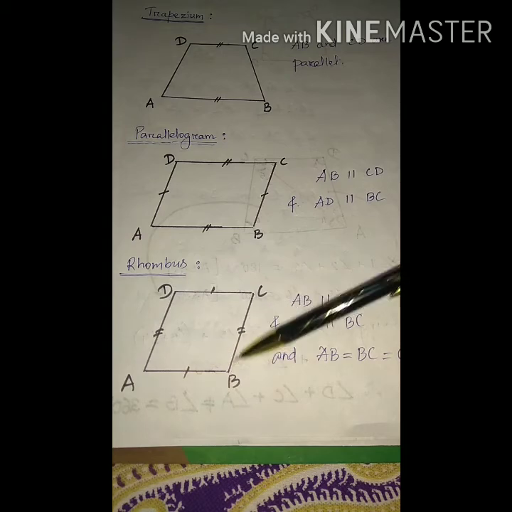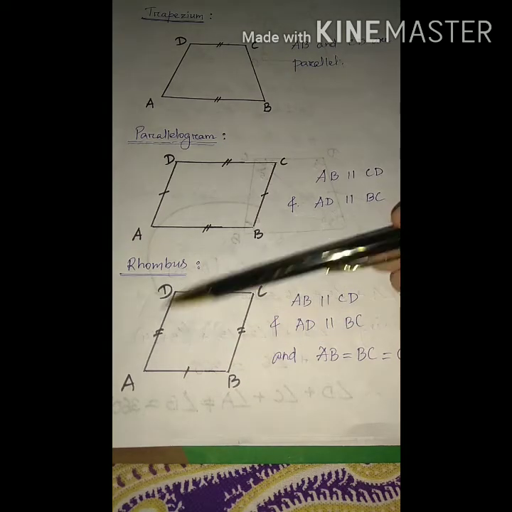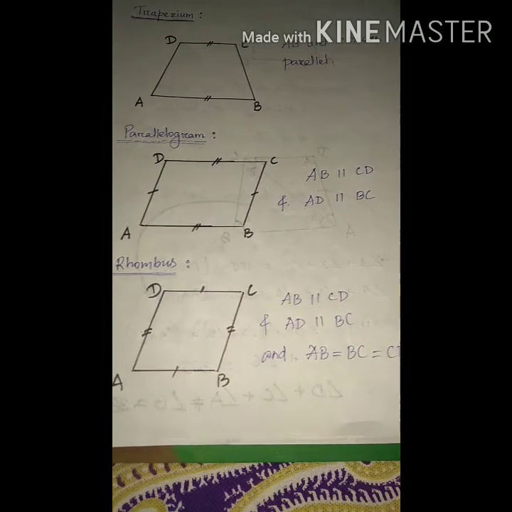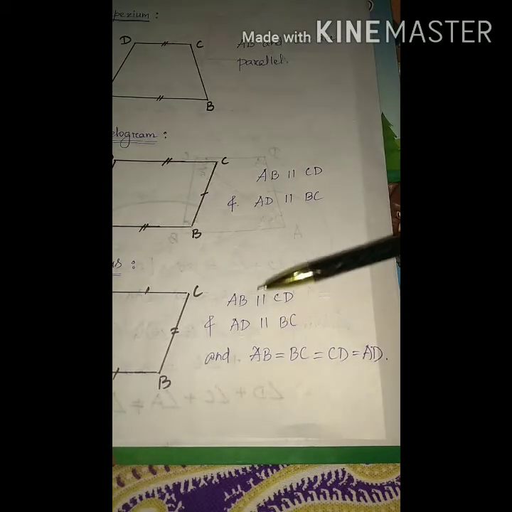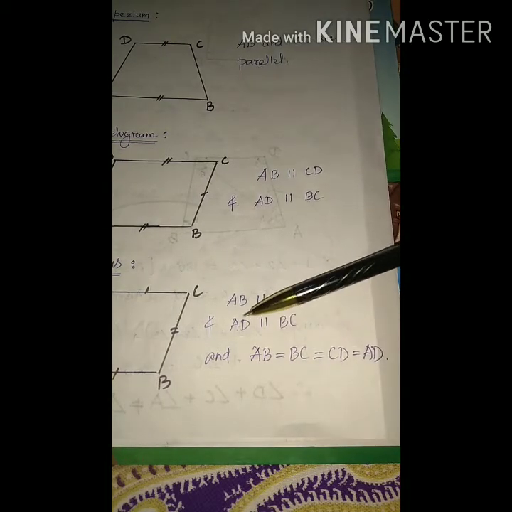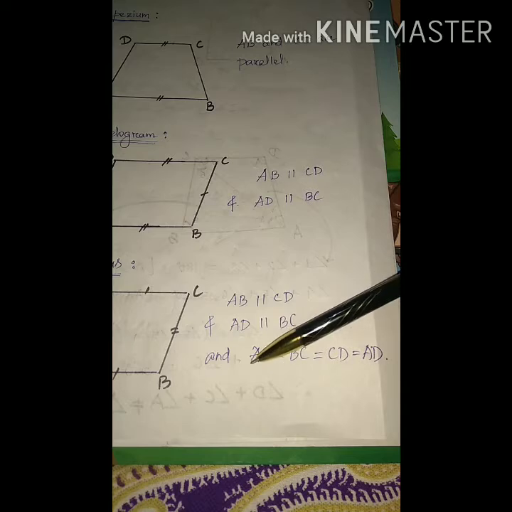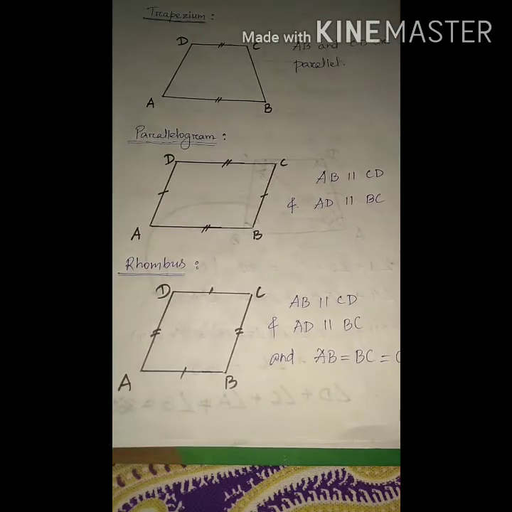That means AB is equal to BC is equal to CD is equal to AD. So here we write AB parallel to CD as well as AD parallel to BC, with this AB equal to BC equal to CD equal to AD. So the first condition is opposite sides are parallel, and with this all sides are equal.